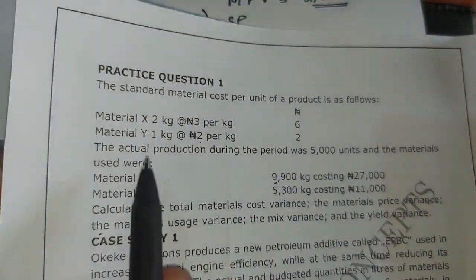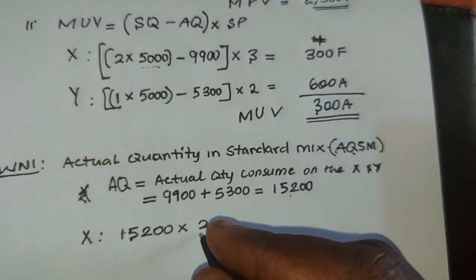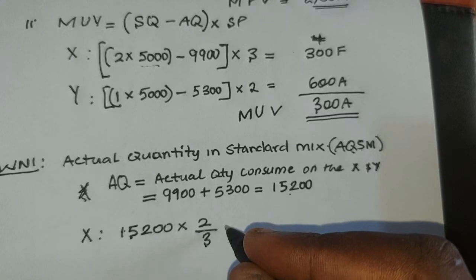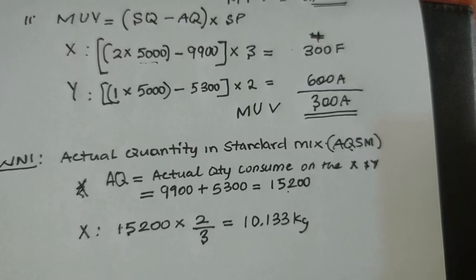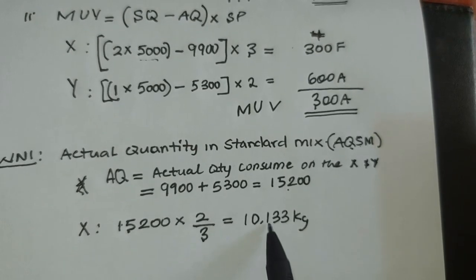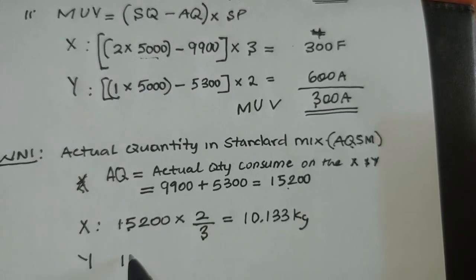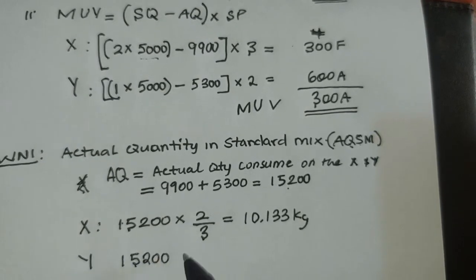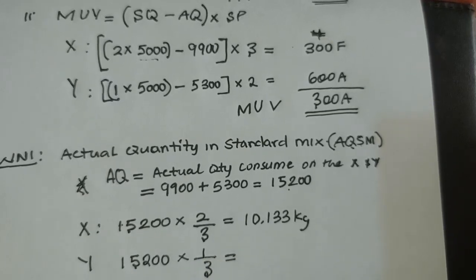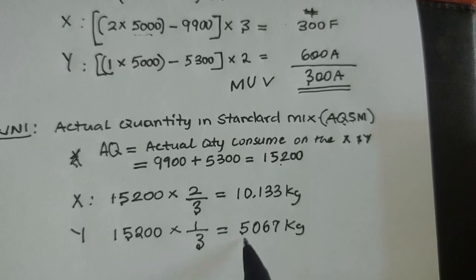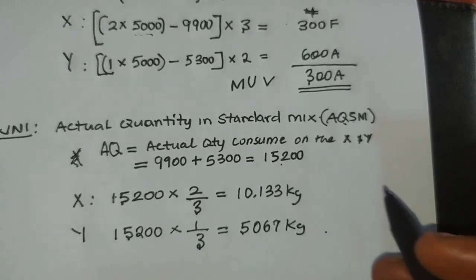The standard quantity of Y is 1. So when you add 2 plus 1, that is 3. Then this will give you 10,133 kilograms. Then for Y, actual quantity in standard mix, that is 1/3, and this will give you 5,067 approximately.